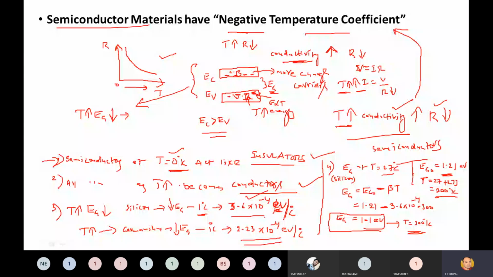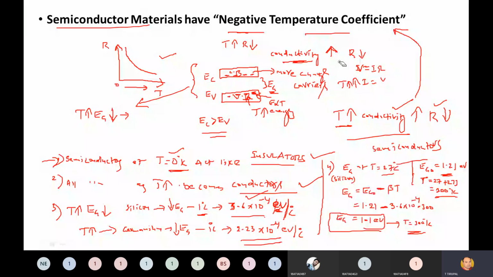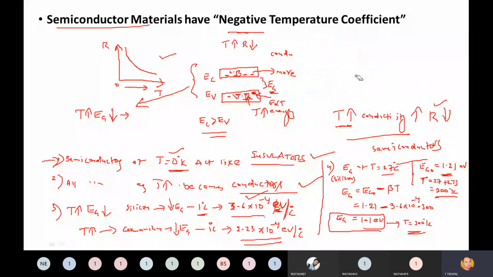Similarly for germanium, that was for silicon. How do you write it for germanium?